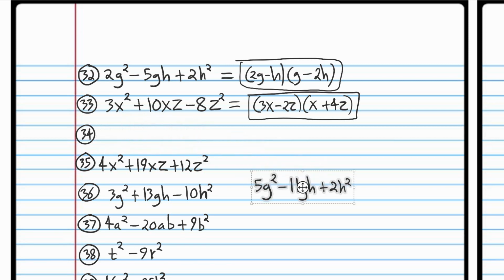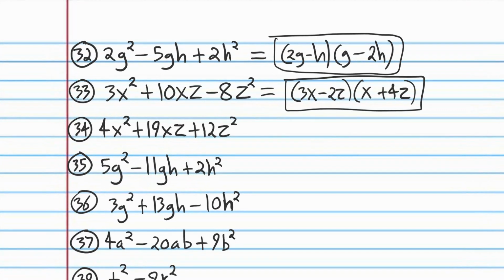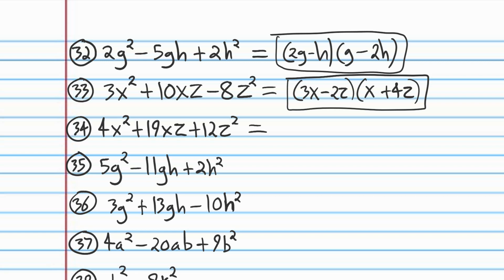I'm going to do 35 first, because 35 has a factorable term on the first, the 4x squared is factorable. That's the first term is factorable. So in this case, there's actually two options for the first term. I just want to get that across. So we could do 4x and x, but we could also do 2x and 2x.